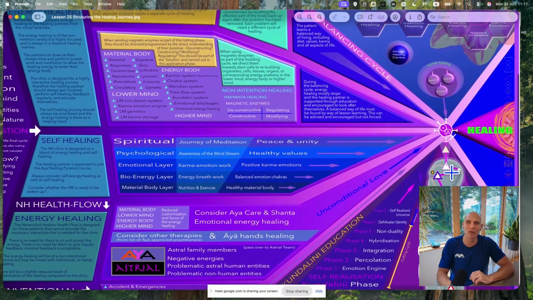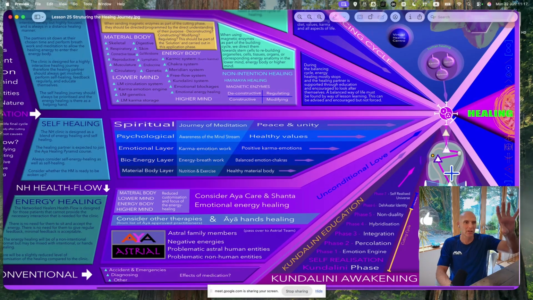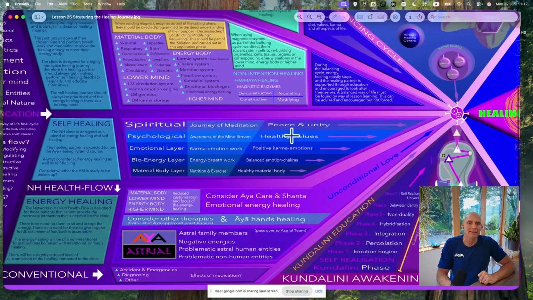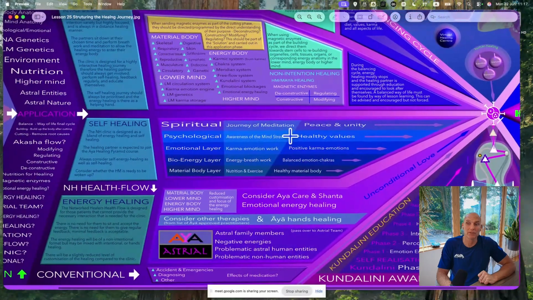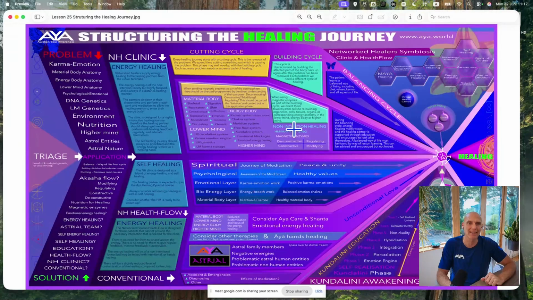The reason we're doing this is to help people point themselves in the direction of spiritual evolution and the purpose of the universe, self-realization. That's what this part is about. The ninth chakra, you can see the Kundalini system. If you want, you can also remind yourself of the AYA Guide to Healing, Lesson 2, which has a similar diagram showing the whole journey of healing.